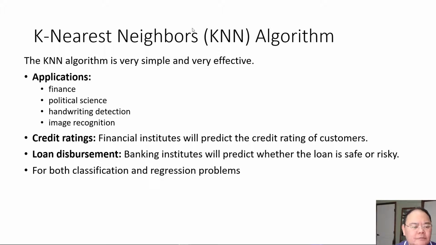For example, before you get approved to take out a mortgage or car loan, the financial institution will predict the credit rating of a customer, and then use that to determine how risky it is if they issue you a loan. And for loan disbursement as well, the banking institution will predict whether or not the loan is safe or risky based on the applicant's financial profile.